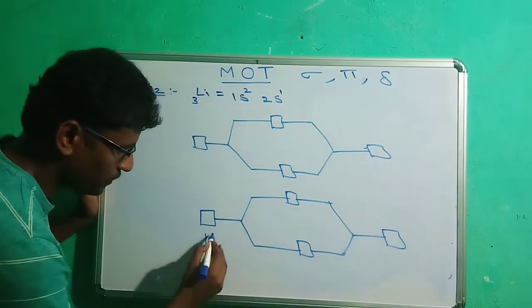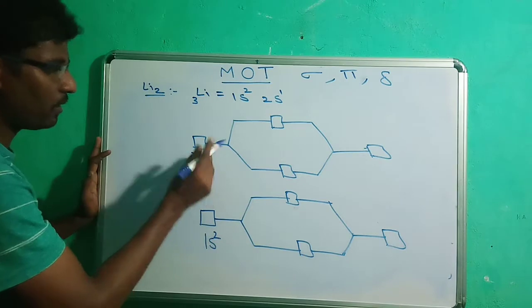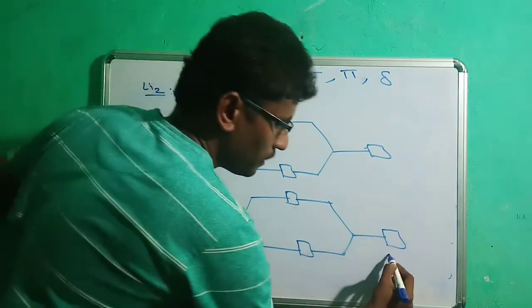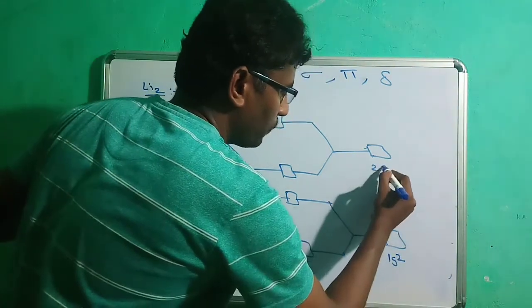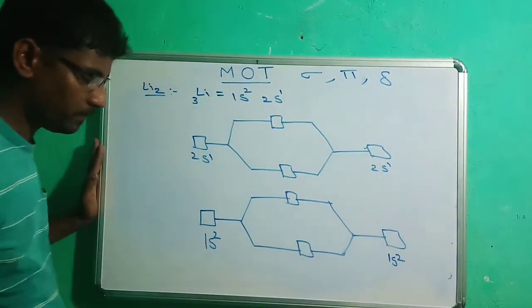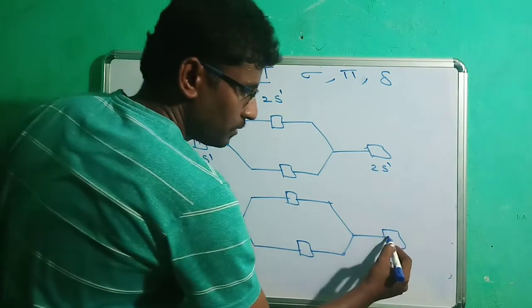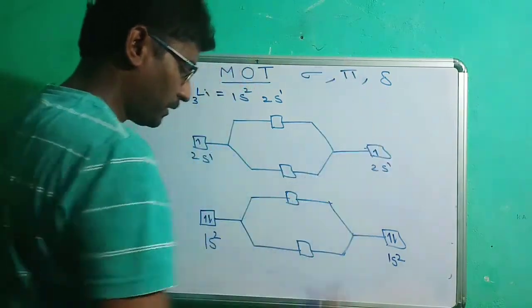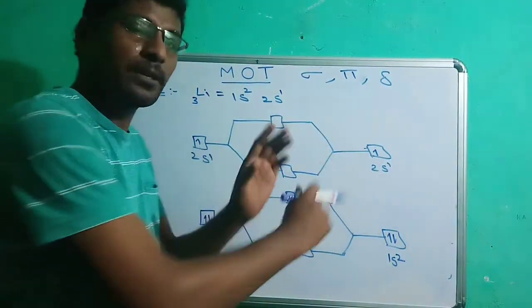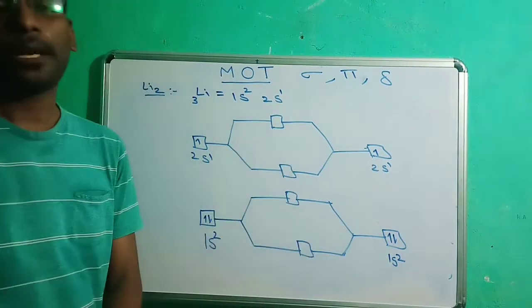This is 1s2, 2s1 of the first lithium. This is also 1s2, 2s1 of the second lithium, where 1s contains 2 electrons and 2s contains 1 electron. Now atomic orbitals combine to form molecular orbitals.